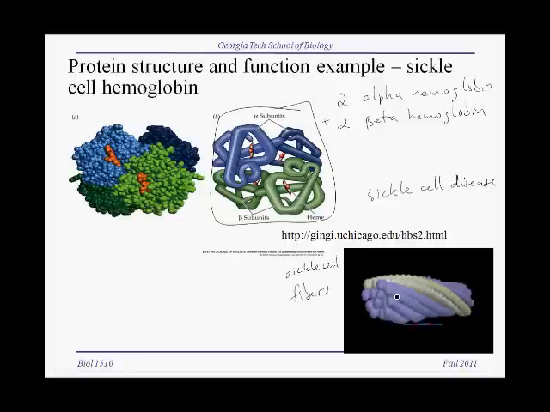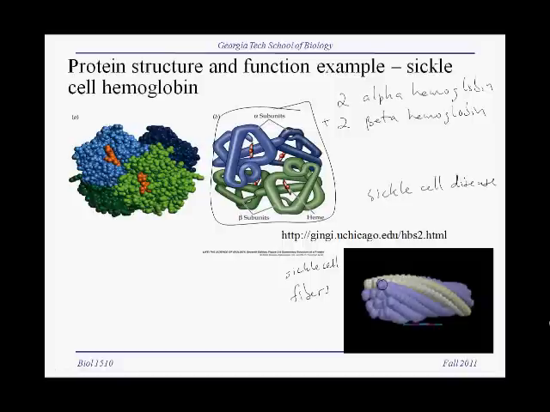And these fibers are just these hemoglobin molecules in their tetrameric form. Each of these little globules is a tetramer, and these tetramers then associate with each other to form these fibers that cause deformation of the red blood cell.